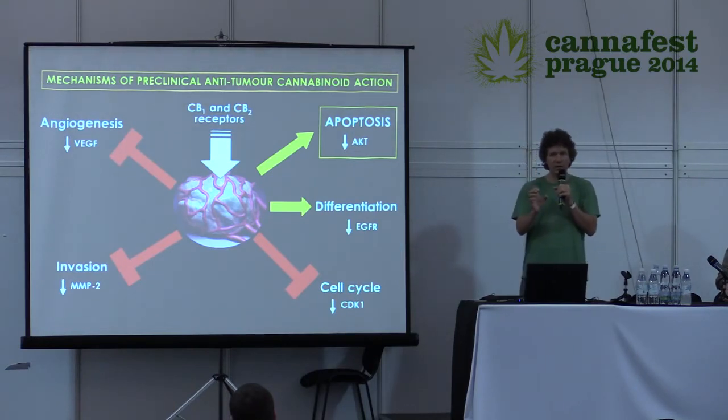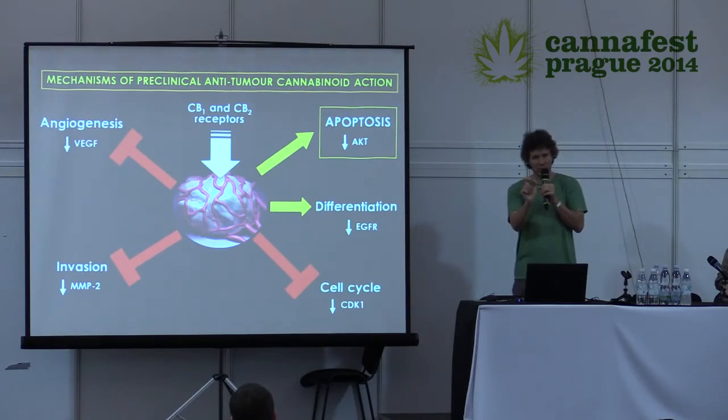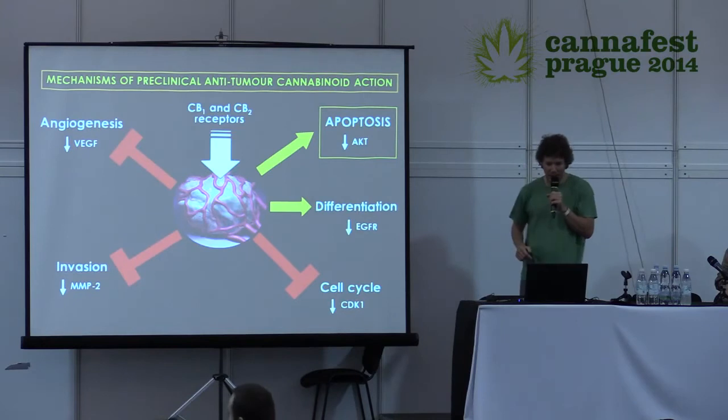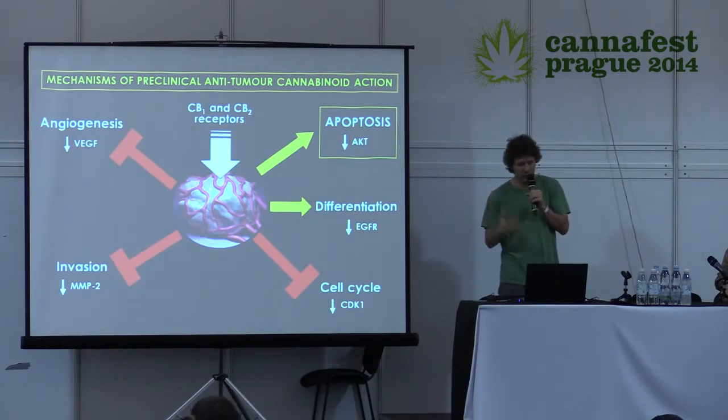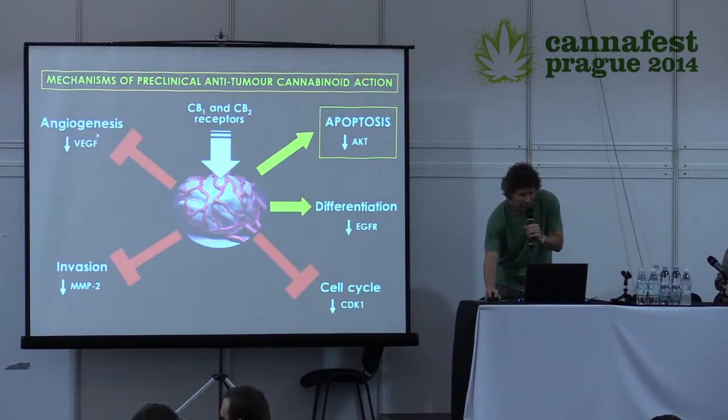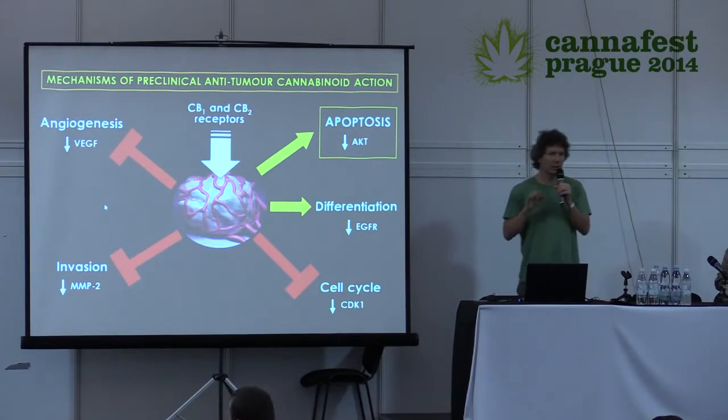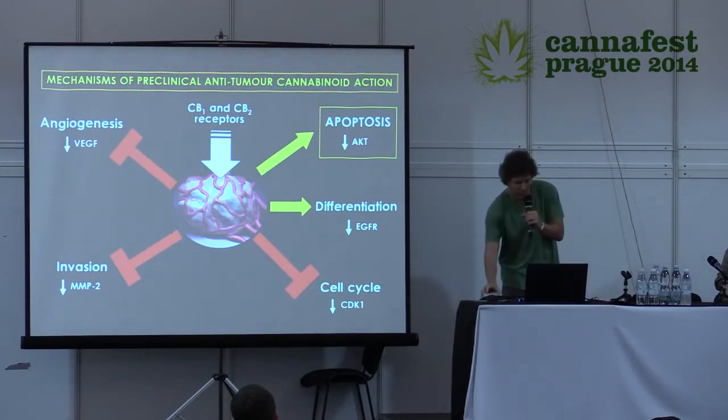So cancer cells have those antennas, those locks in which cannabinoids can enter, and therefore cancer cells are sensitive to cannabinoids. There are different processes, at least we know 5 different processes of a tumor that are responsive to cannabinoids and through which cannabinoids can decrease the growth of tumors.